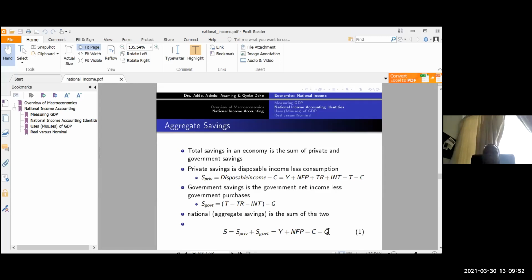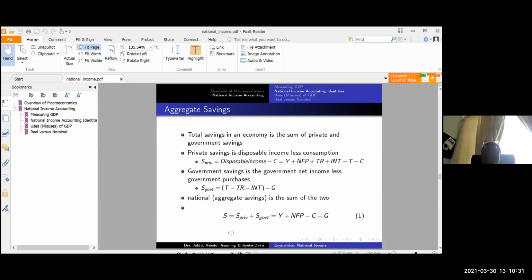But if private savings are very low, people cannot even buy the government T-bills, then we are all in trouble in the economy. So you hope at least the private savings can address government savings shortfalls. If that doesn't happen, then private sector has negative savings, we all are consuming more than we are earning, and government is consuming more than it's earning. Then the aggregate savings in the economy is minus.